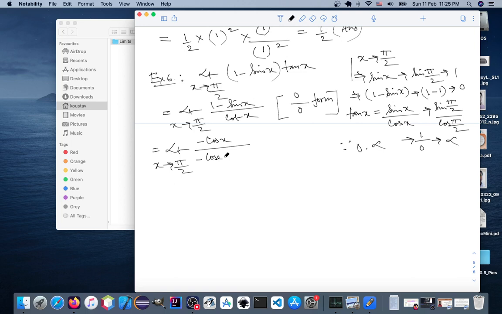The minus minus cancels out. This is cos x times sine square x. Cos x at pi by 2 is 0, and sin x at pi by 2 is 1. So 0 times 1 square equals 0 is the answer.